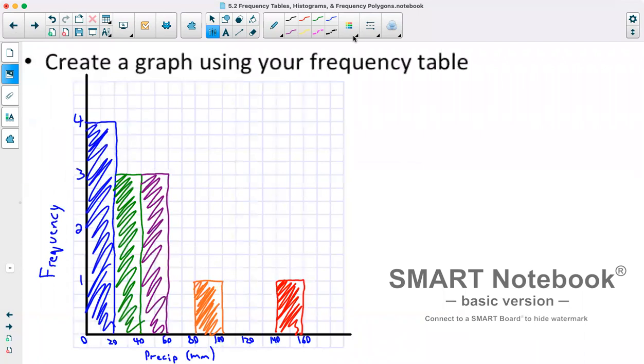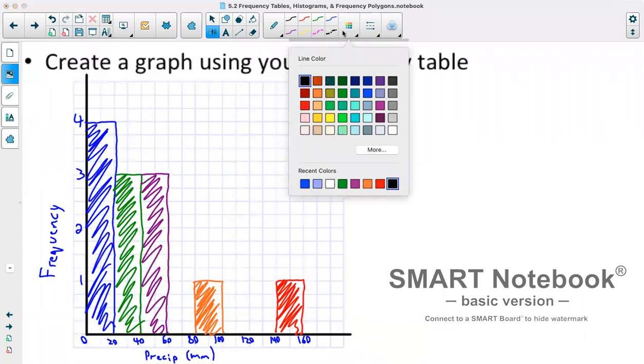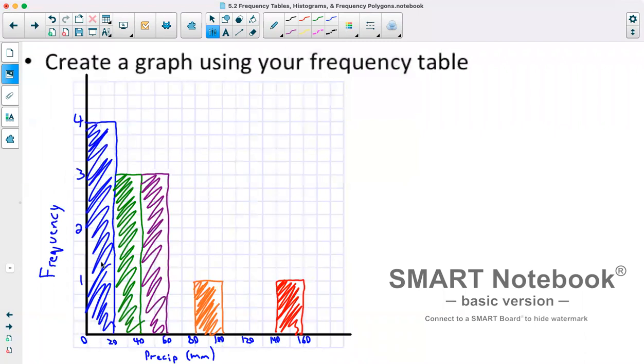If we are doing a frequency polygon, instead of having it for the whole interval, halfway between 0 and 20 is 10, so we'd have it here at our frequency of 4. Then halfway through here, we'd have this. Essentially, we would have our points halfway through the tops of these bars.